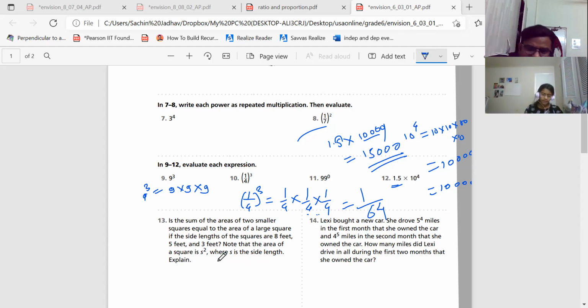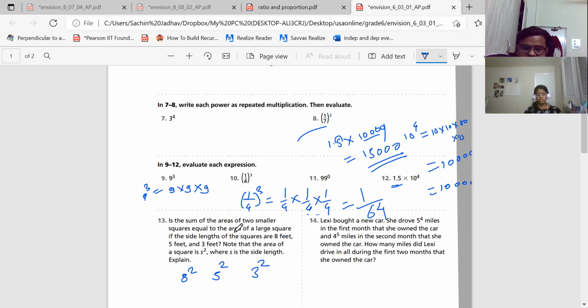The side is given. The 8 feet square area will be 8 raised to 2, the 5 feet side square area will be 5 raised to 2, and this will be 3 raised to 2. Note that the area of the square is s squared, where s is the length of the side.